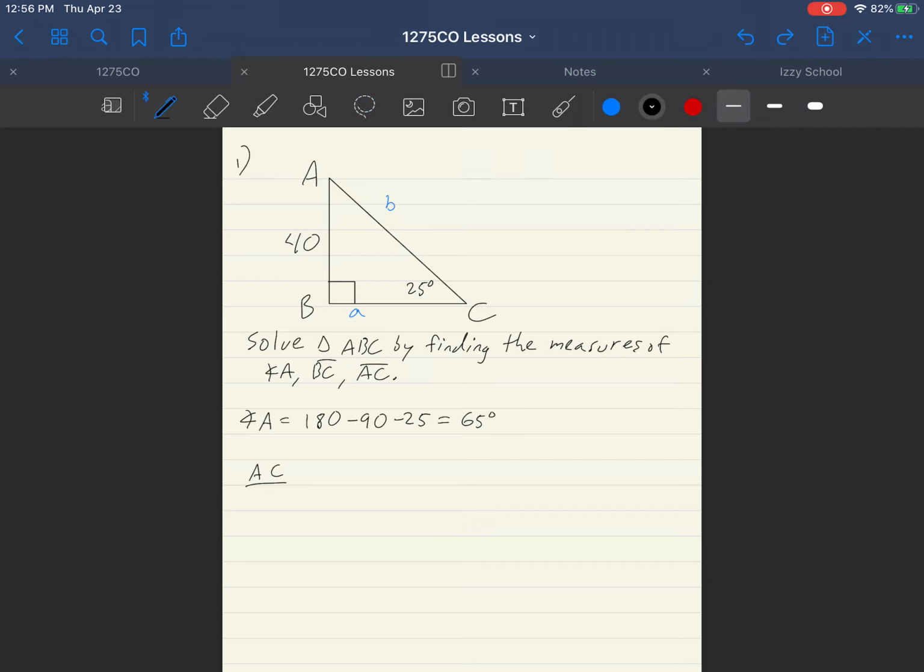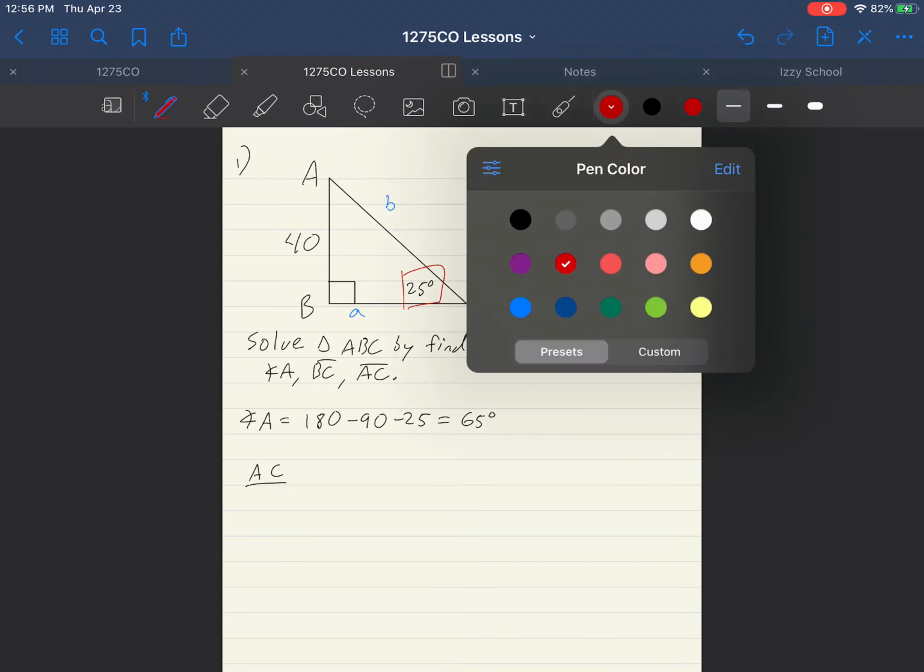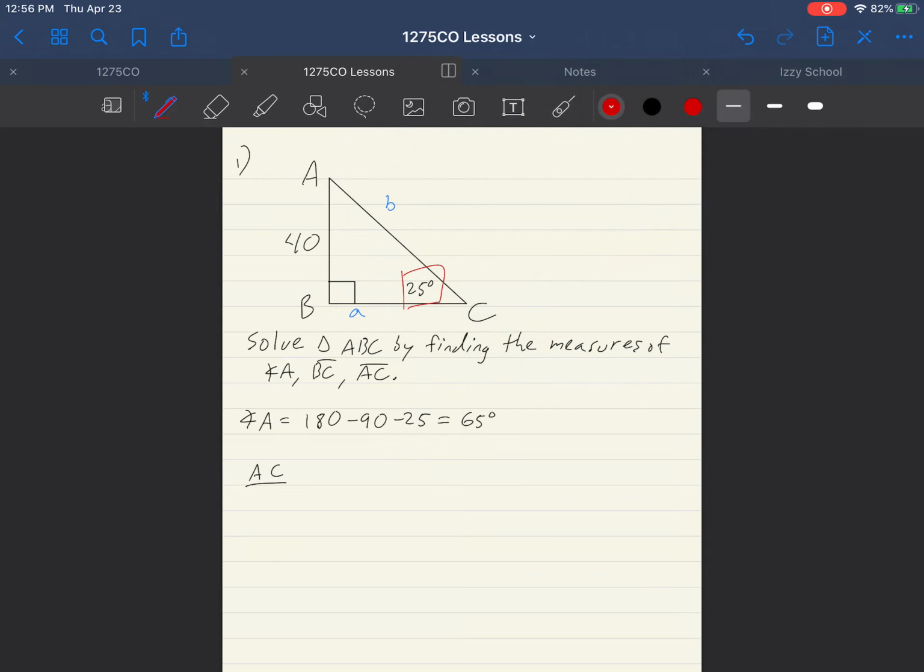So if we're using this, that means that this here is our angle of focus. Right, our angle of focus is down here at 25 degrees. That's going to make 40 the opposite side, and since we're looking for AC, that's the hypotenuse.